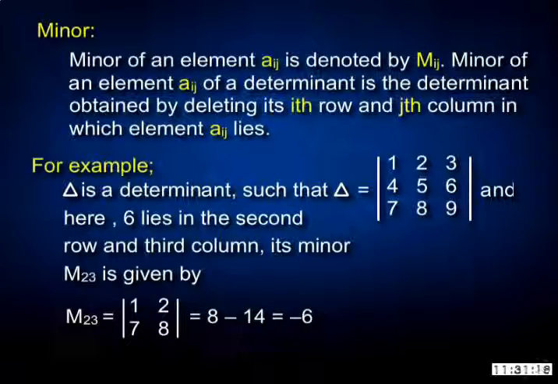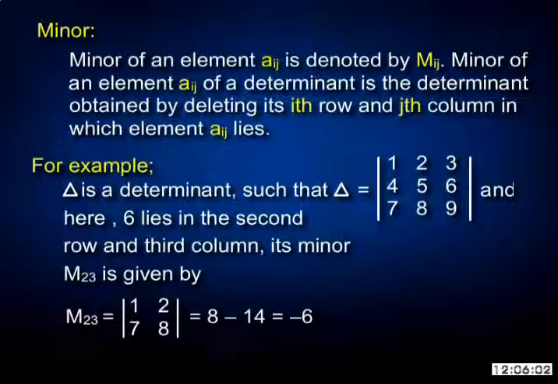It means that 6 is the element A23 in the determinant and its minor M23 is given by M23 is equal to determinant whose first row elements are 1, 2 and second row elements are 7, 8, which is further equal to 8 minus 14, which is equal to minus 6.